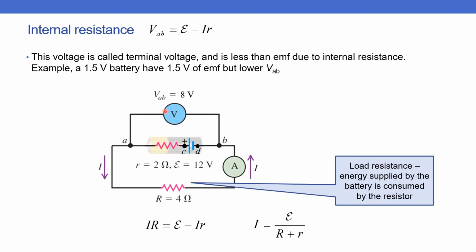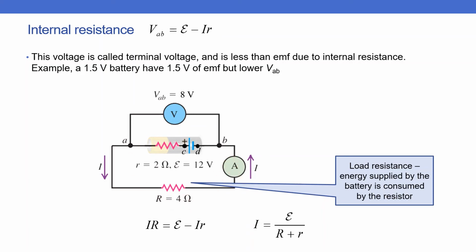This is another example, a circuit where we have a battery with EMF of 12 volts and an internal resistance of 2 ohm. This battery is now connected to a resistance of 4 ohm, an ammeter and also a voltmeter.